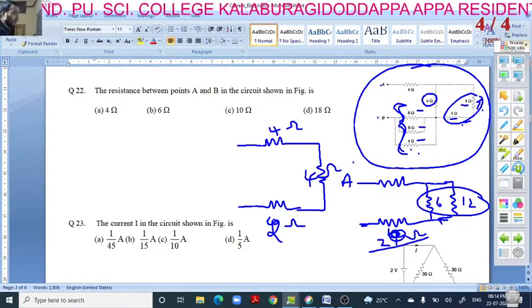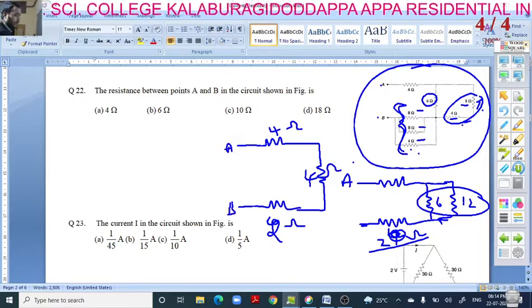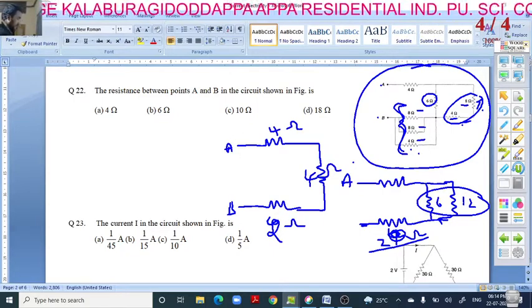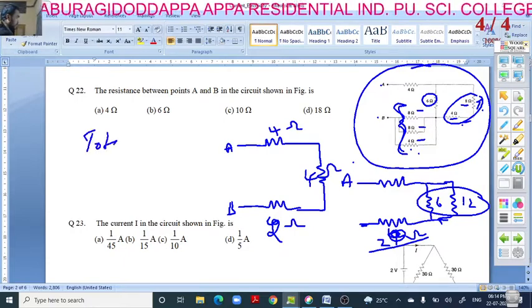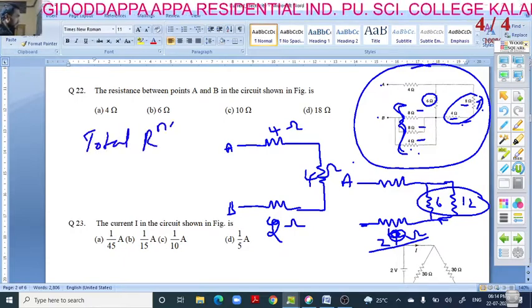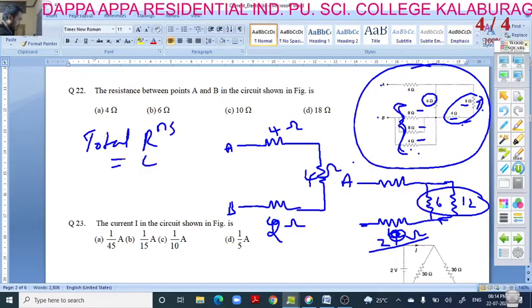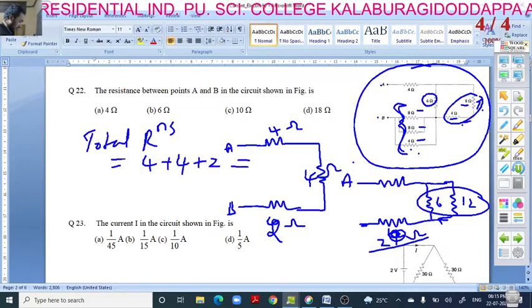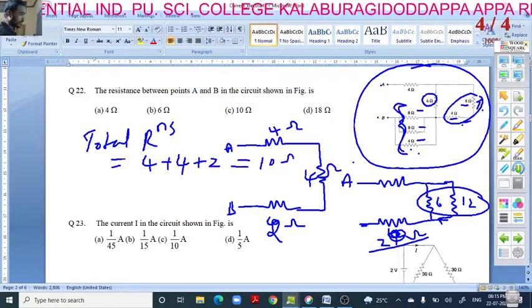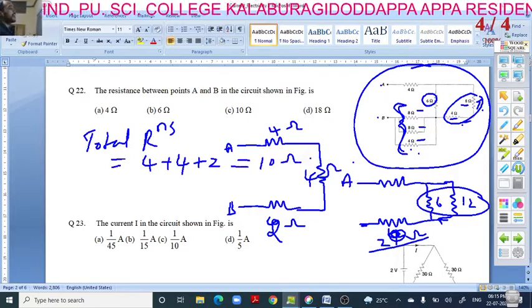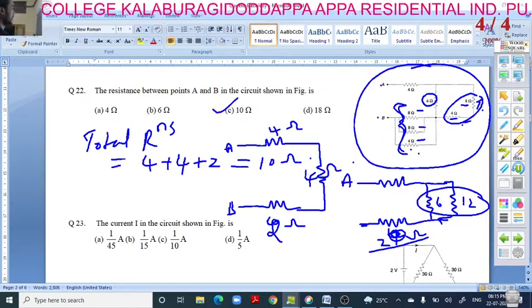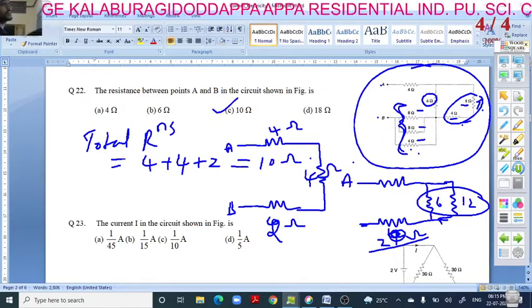Then A to B, all these resistances are in series. So the total resistance is equal to 4 plus 4 plus 2, that is equal to 10 ohm, right? Between A and B, 10 ohm is the resistance. Okay, next.